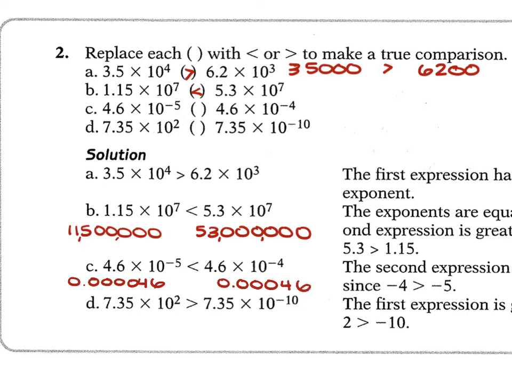So which is greater? The one that has the lesser zeros is greater. So that's the 4.6 times 10 to the negative 4th. For D, we have 7.35 times 10 to the 2nd power and 7.35 times 10 to the negative 10th power. Automatically, because that 2 is positive and the negative 10 is negative, the one with the positive 2 would be greater.